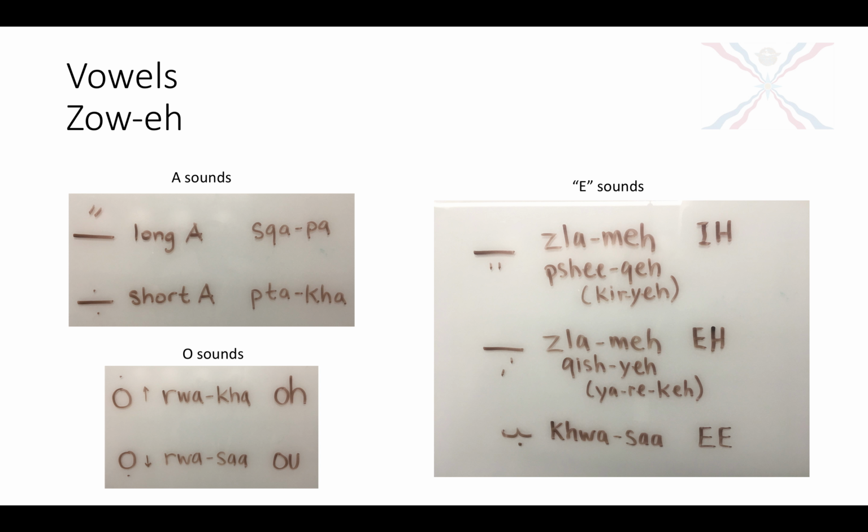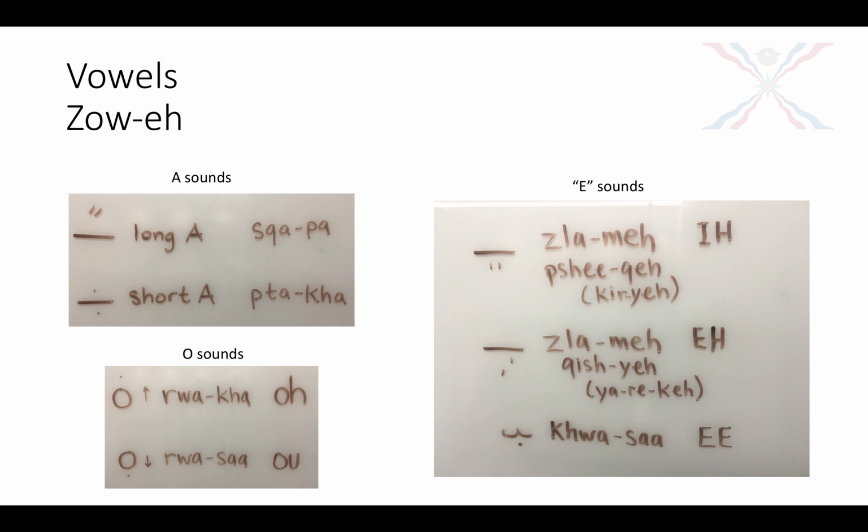Then you have the O sounds. So it's the wow atuta with the dot on it, but it's typically read as ruacha, not wow ruacha, because it's implied if it's ruacha, there's a wow there. Just like ruasa, it's implied that it only goes over the atuta wow.